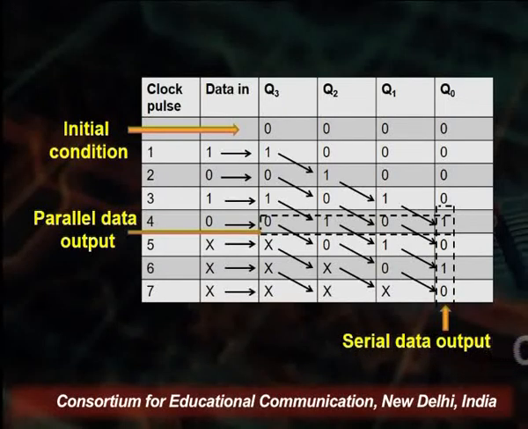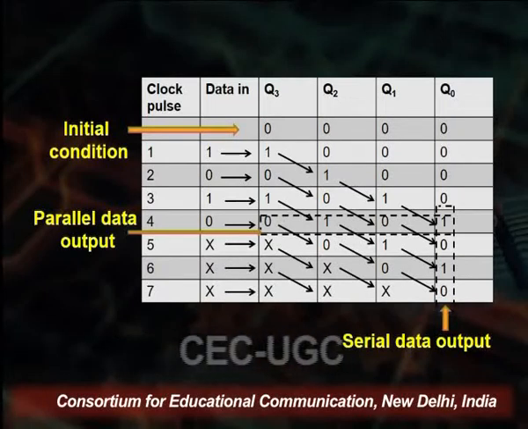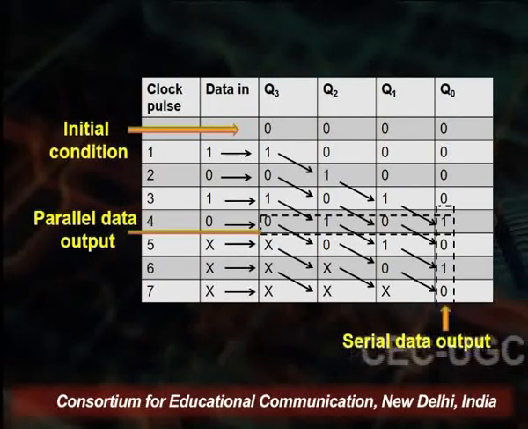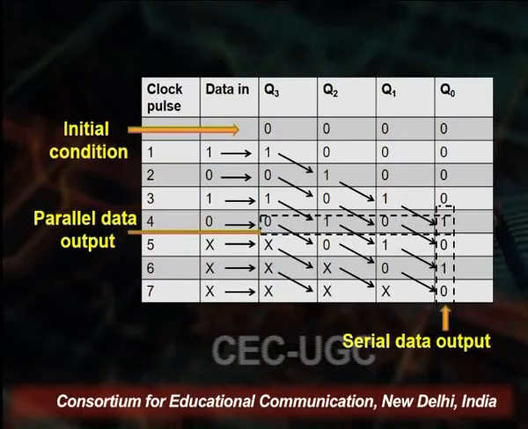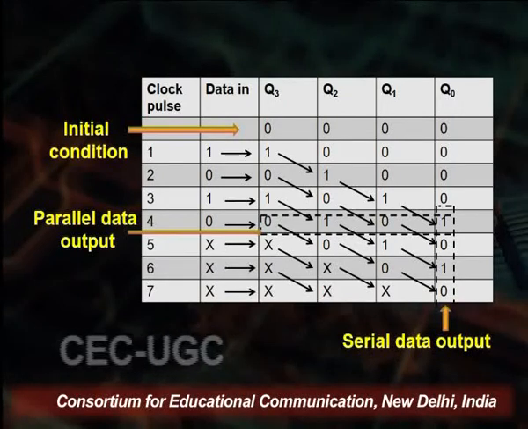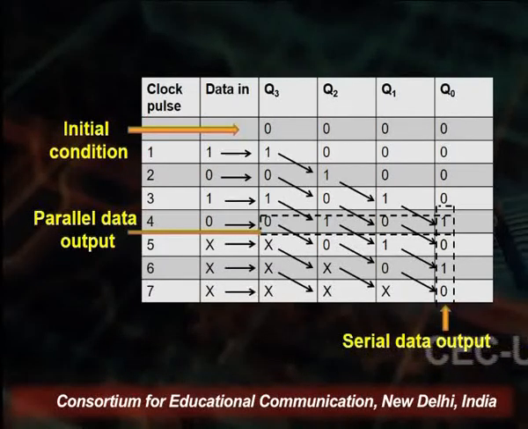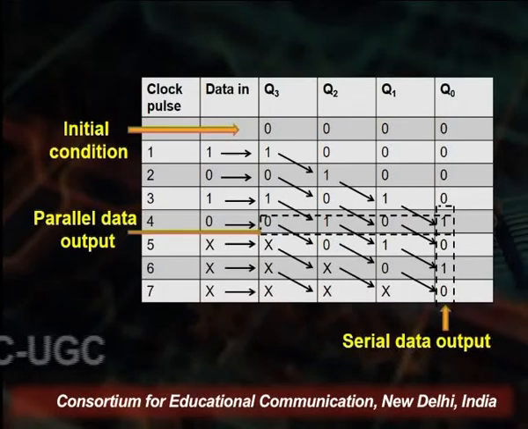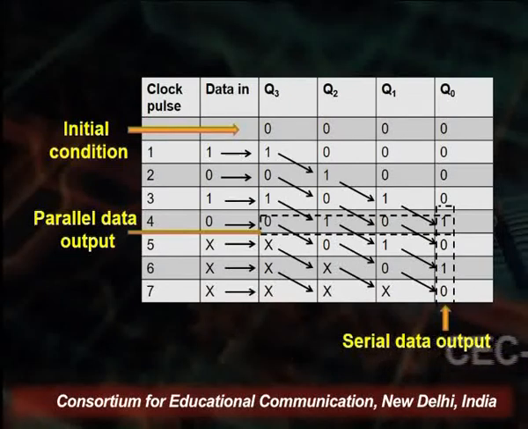Hence, looking at it in parallel, we would have Q3, Q2, Q1, Q0 as 0101. The first 0 at Q3 is still the 0 we obtained when clearing the flip-flops, it is not the data, whereas the outputs of Q2, Q1, Q0, which would be 101, are the data.